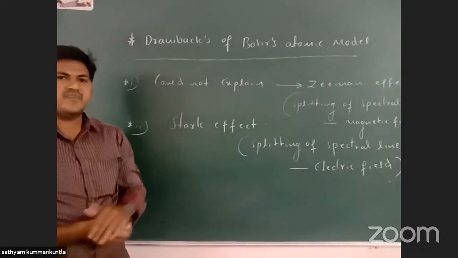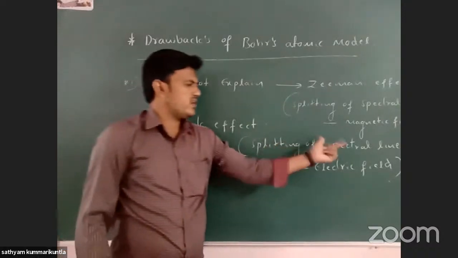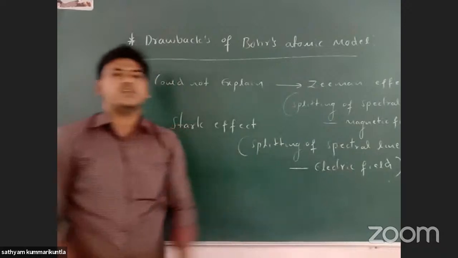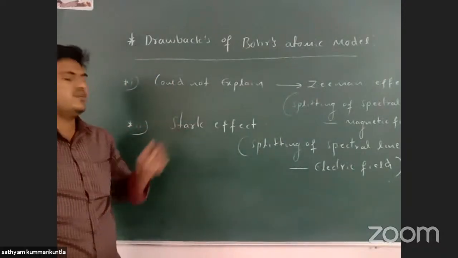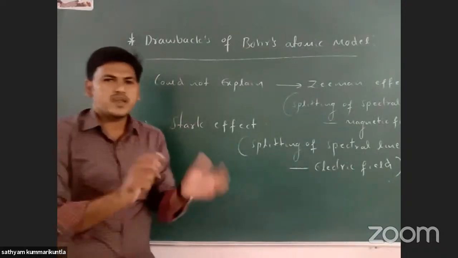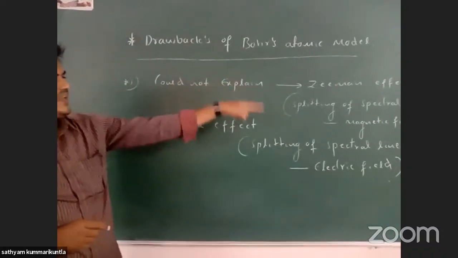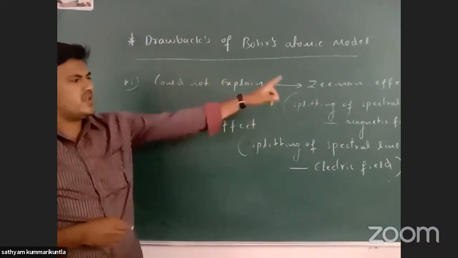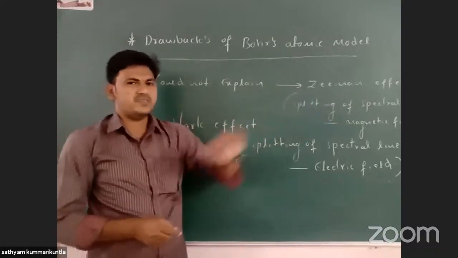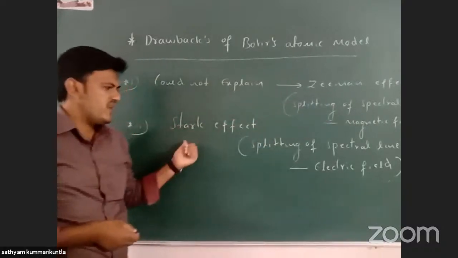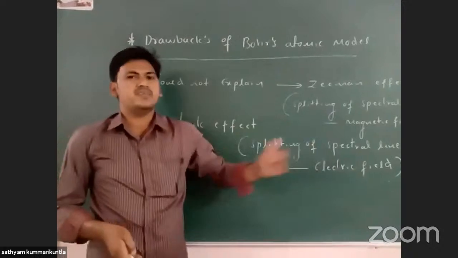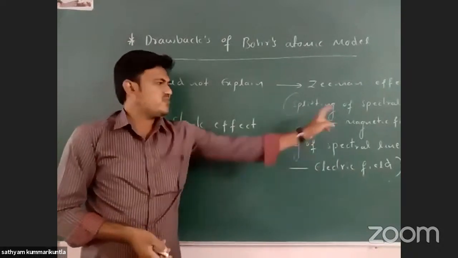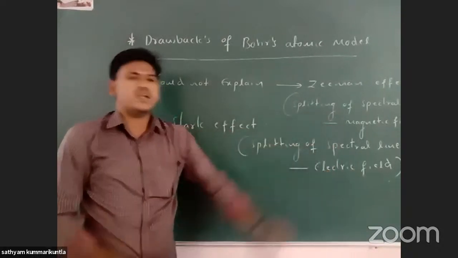So the Zeeman effect is splitting of spectral lines in a magnetic field, and the Stark effect is splitting of spectral lines in an electric field.